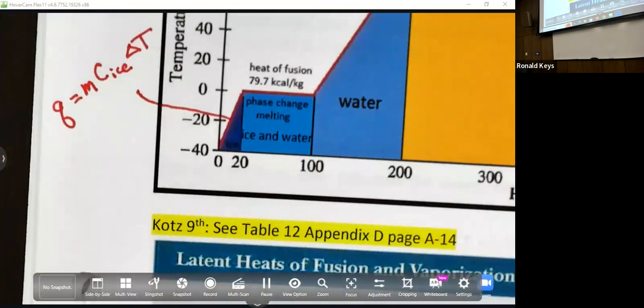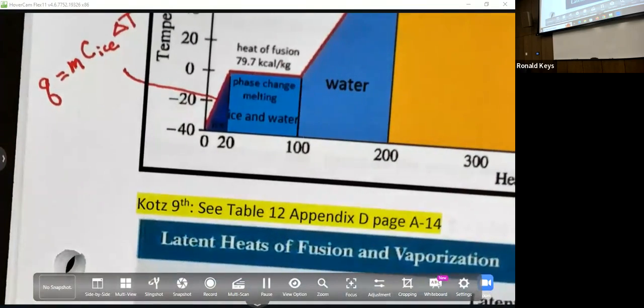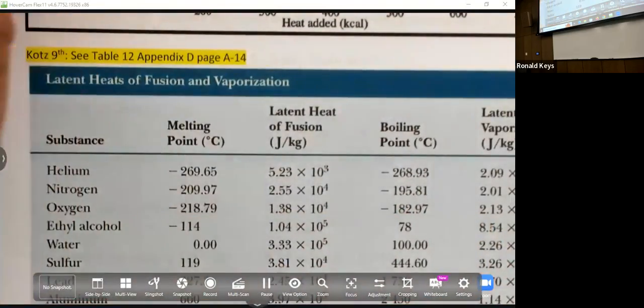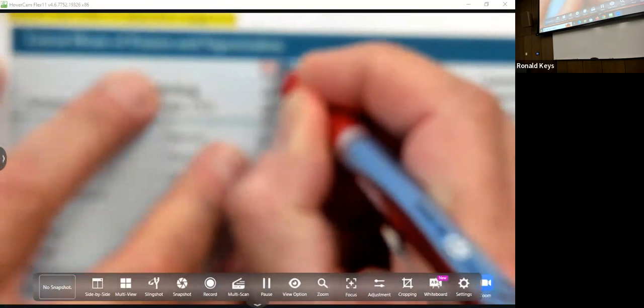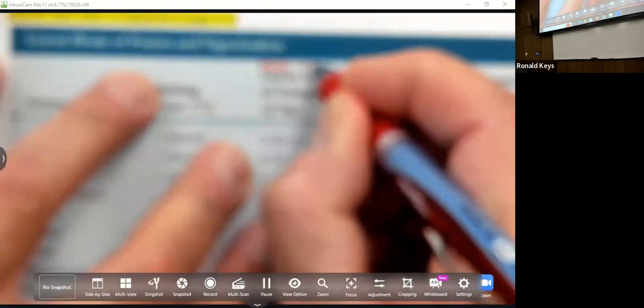Then we have to melt the ice. There's a table for melting the ice or melting anything that's a solid. So here is our table. That is called the latent heat of fusion.